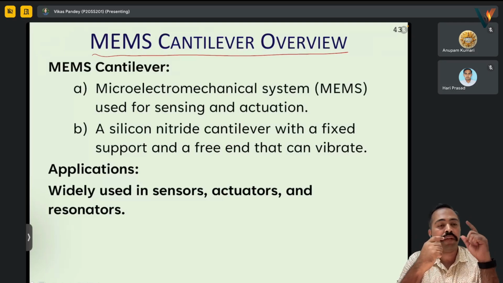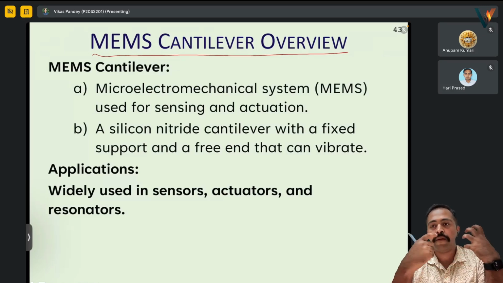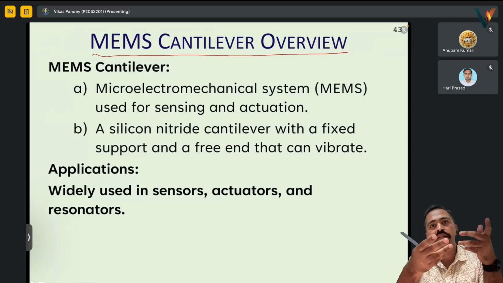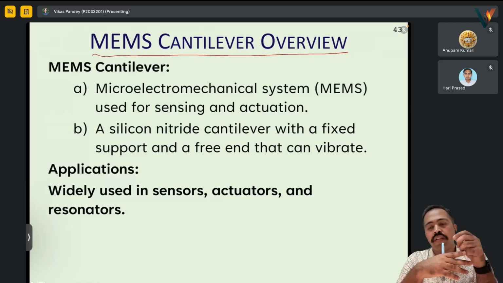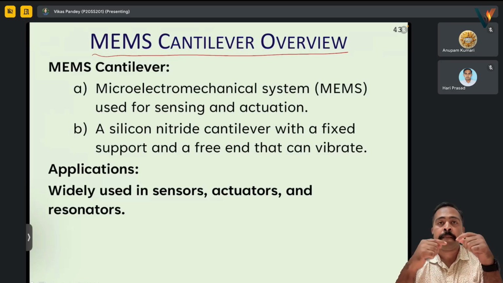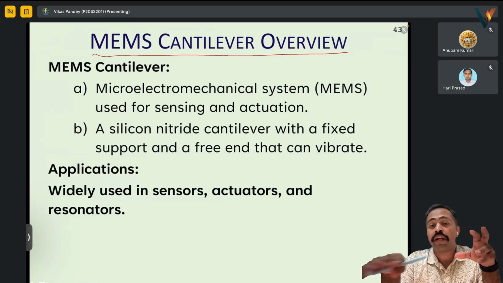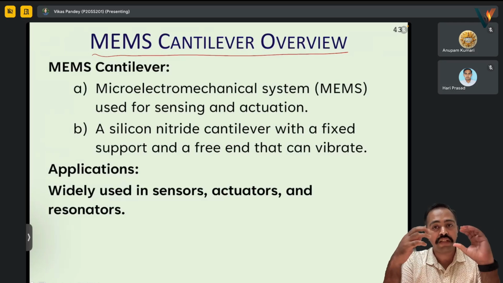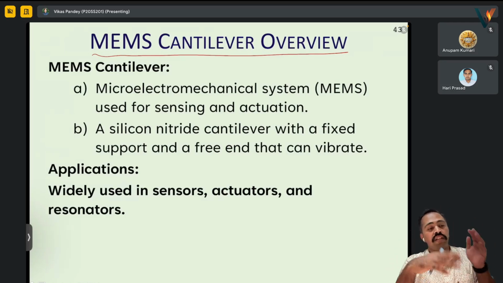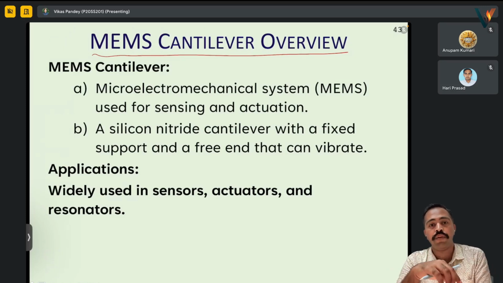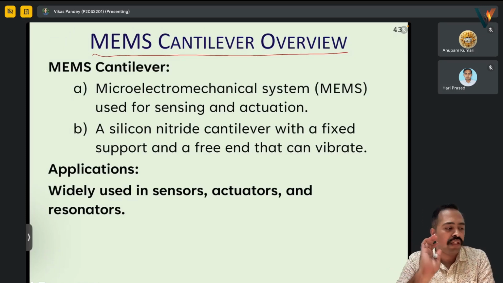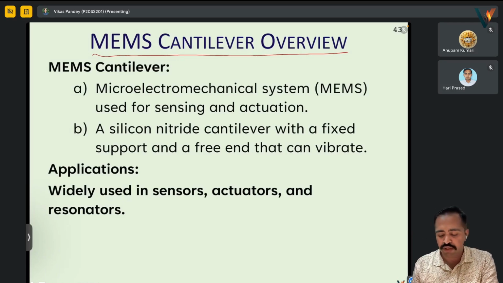So there can be hanging cantilevers, there can be gears, not exactly pulley, but pulley kind of structures, gears, systems of micro channels, all these physical 3D structures in the silicon on the silicon wafer at the micro level, which is very commonly used for sensing and actuation uses.